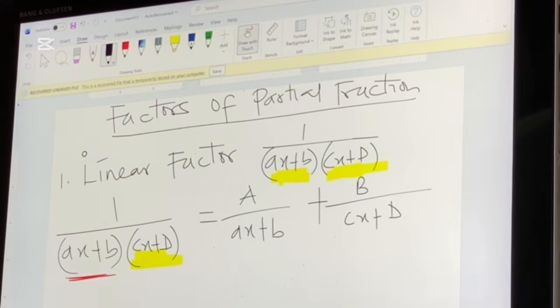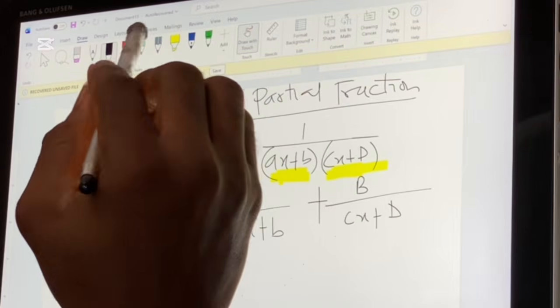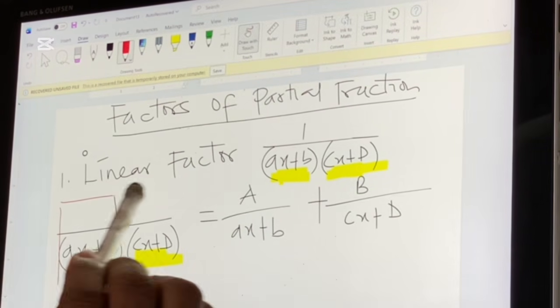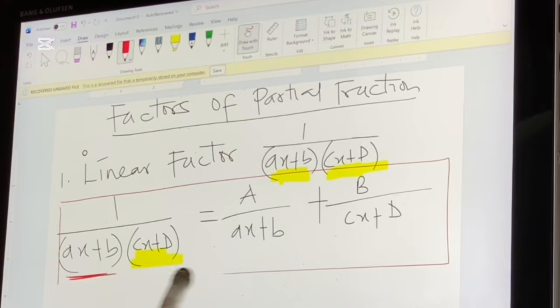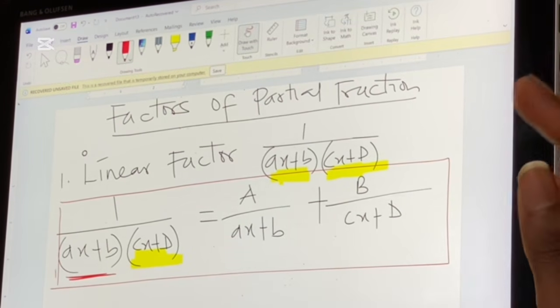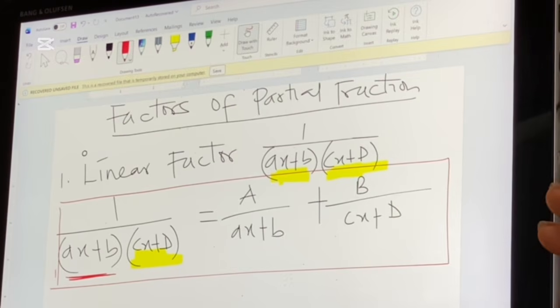Please take note. So this is how we evaluate all linear factors. Whenever I say linear factor, the solution is to assign a constant letter to it.